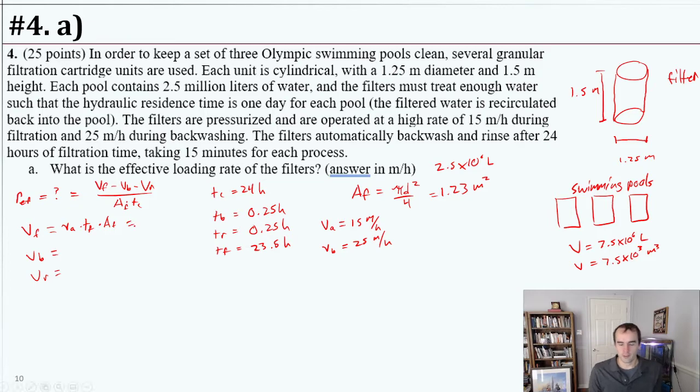Okay, so let's solve these. I'm going to write them out first. The volume of the backwash, that's going to be the backwash loading rate. And I'm trying to make these a lowercase versus an uppercase here. Hopefully that'll make it a little more clear.